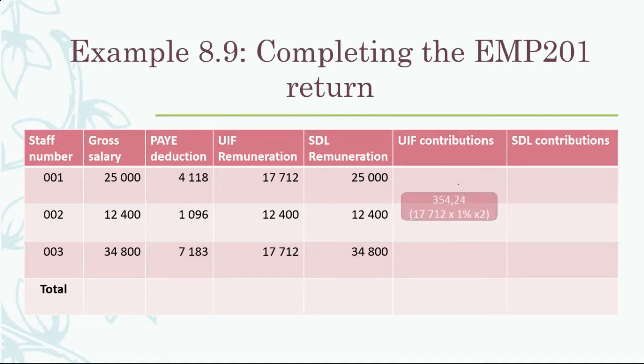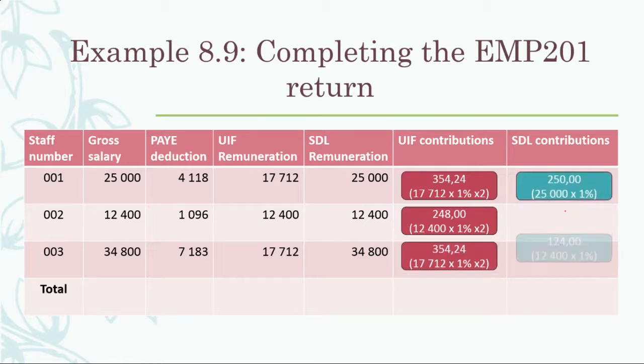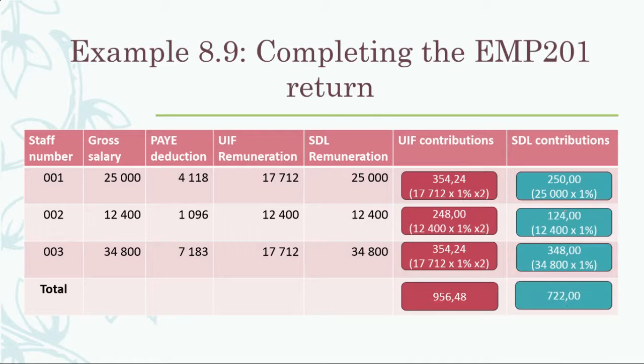So when we work out the contributions, it is 1% of the 17,712 Rand, but both your employee and employer pay it, so it's multiplied by 2. Whereas your SDL contributions will only be multiplied by 1. Okay, and then these totals are what you will include on your EMP 201 return.